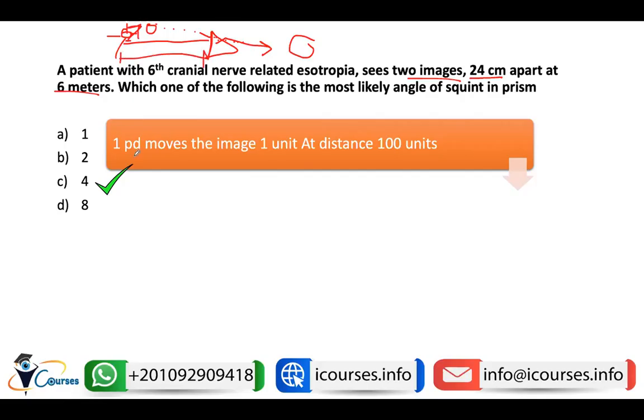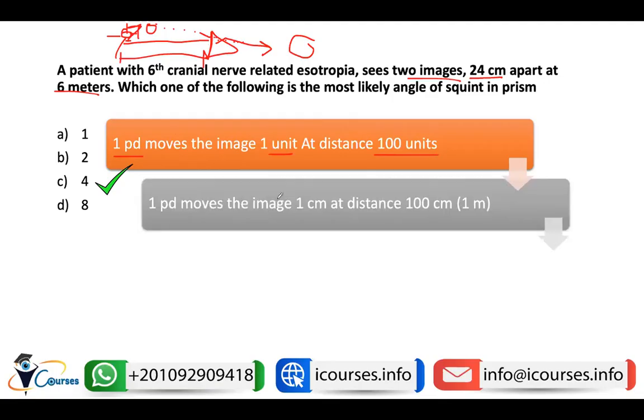So again, a prism diopter moves the image 1 unit at a distance of 100 units. So one prism diopter will move the image 1 centimeter at a distance of 100 centimeters. So what happens if this 1 meter becomes 6 meters?